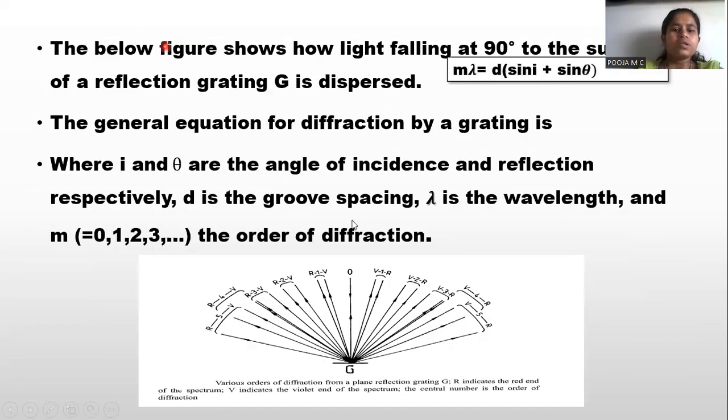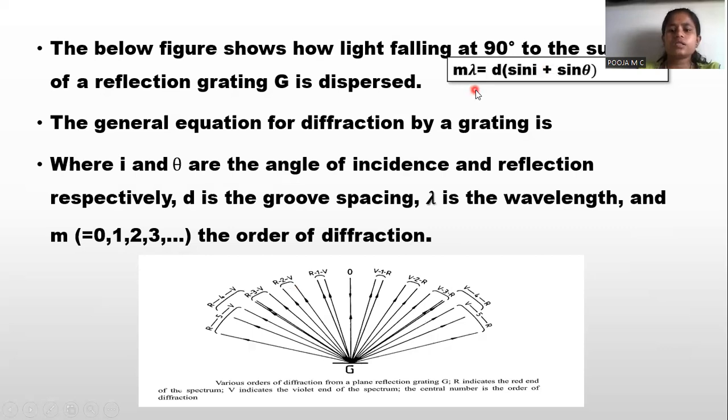The figure below shows how light falling at 90 degrees to the surface of a reflecting grating G is dispersed. It is the diffraction grating and G is the reflection grating. And here we can see how the light is split into its component wavelengths.